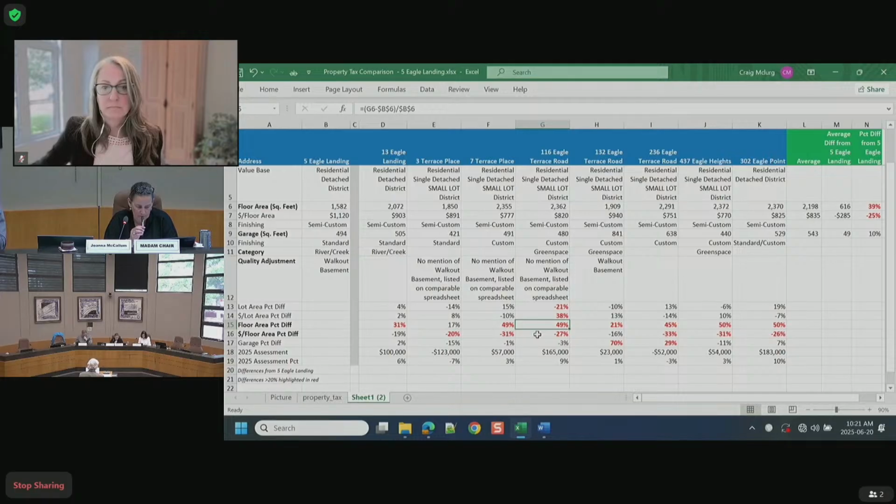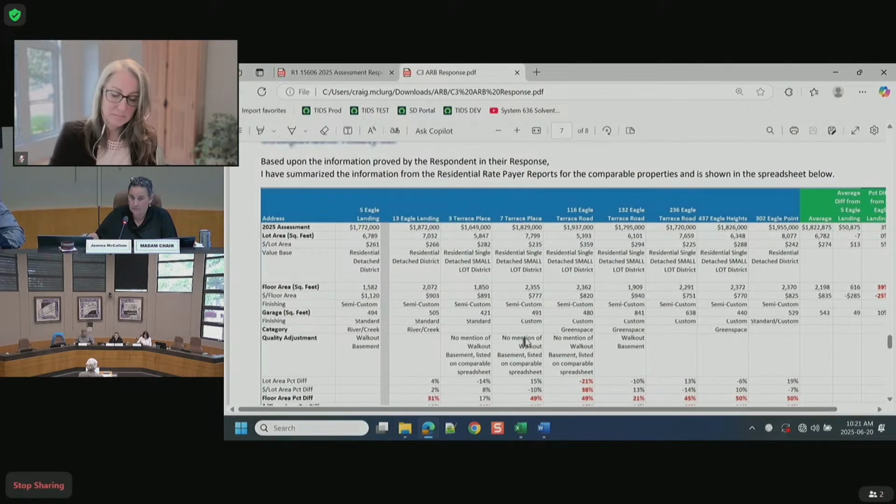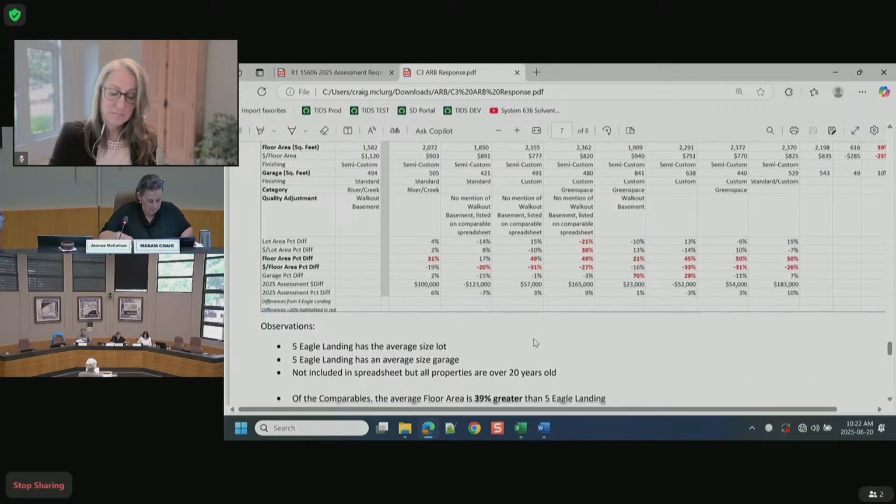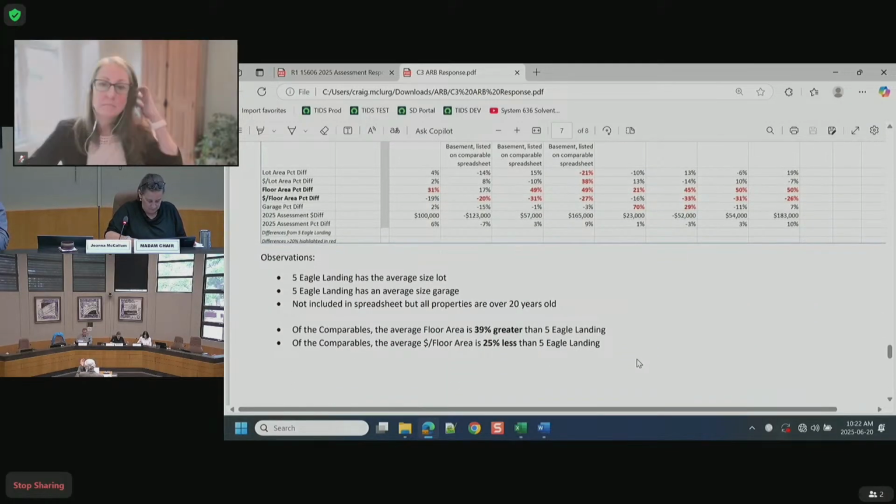I think we can conclude that Five Eagle Landing is an outlier, and that error checking should have been in place as part of this method that we use to identify this and rectify this. Continuing on through C3, the response, the observations that I made: average size lot, average size garage, all the properties are about the same age.